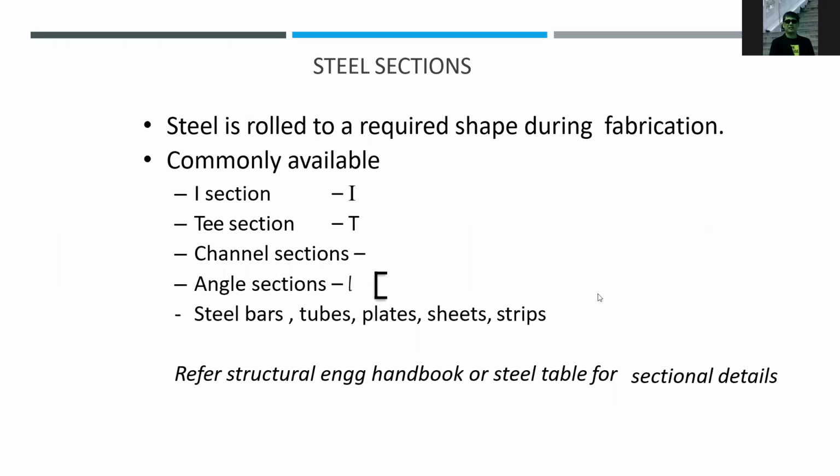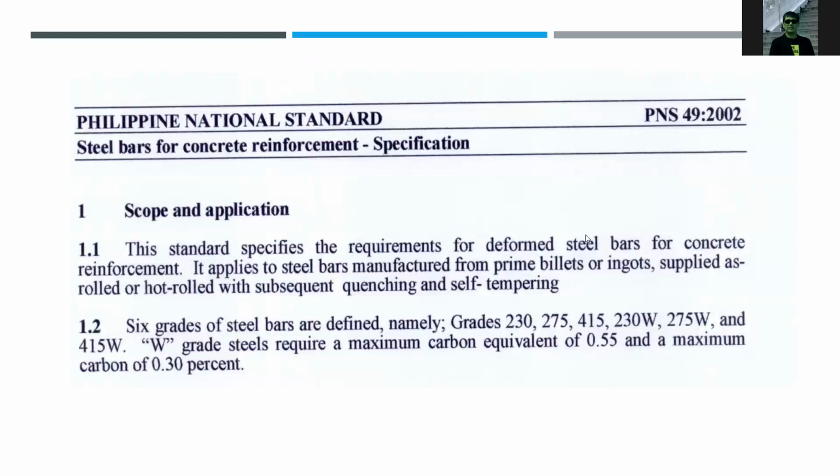So the different steel sections: we have the I section, T section, channel section, angle section, steel bars, tubes, plates, sheets, and strip. We also have the Philippine National Standard, the PNS 49-2002. This is the specification for steel bars for concrete reinforcement. The scope and application: this standard specifies the requirements for deformed steel bars for concrete reinforcement.